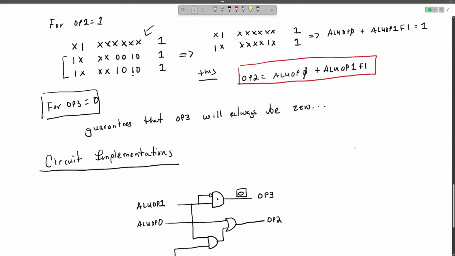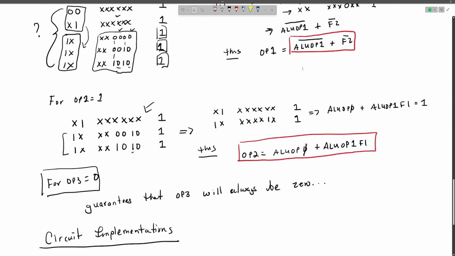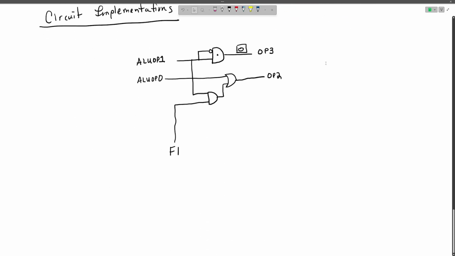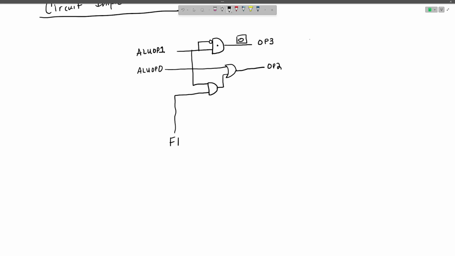And then for OP1, we're going to have an OR gate. We're going to have an inverter here, and then we're going to have ALUOp1 going to the inverter. We're going to have F2 right here, and that's going to be our OP1.